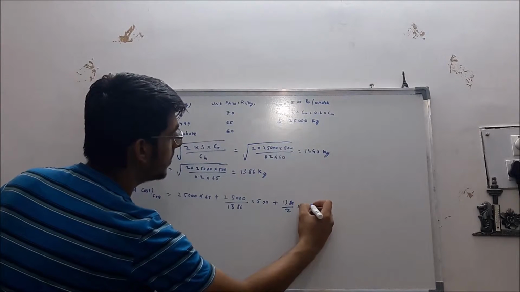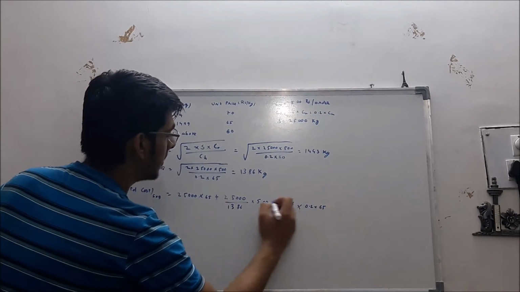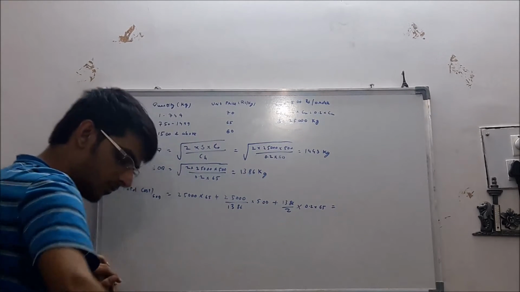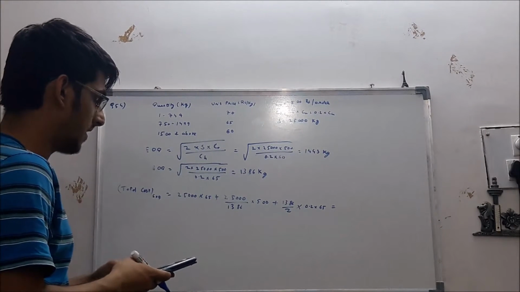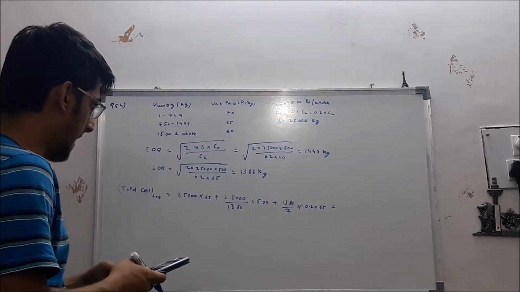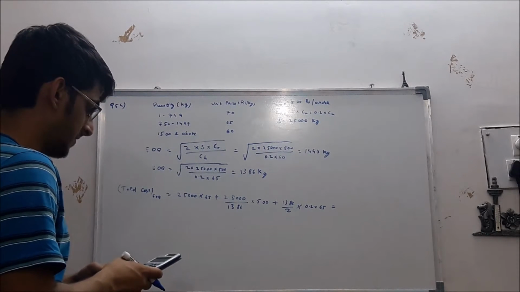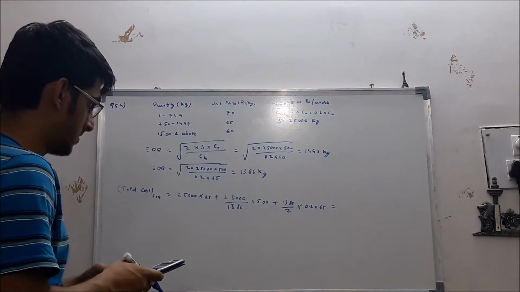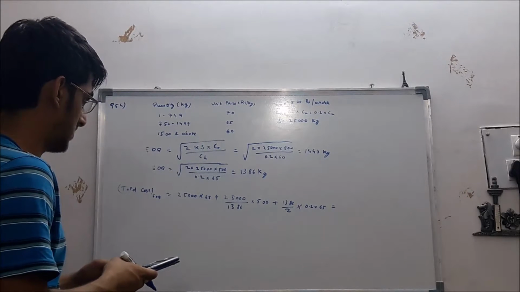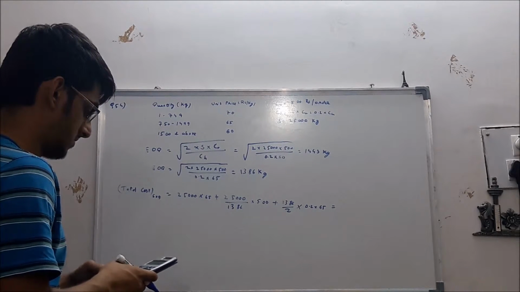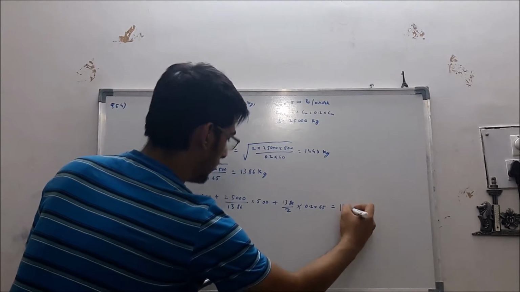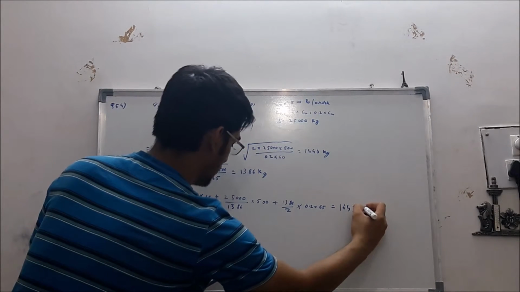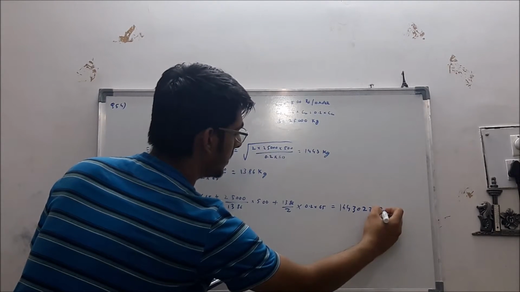CH will be 0.2 into 65. So this comes out to be 1643027 rupees.